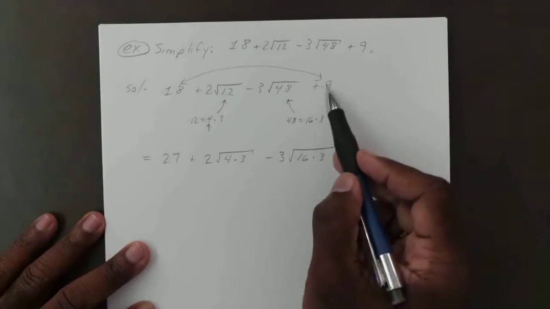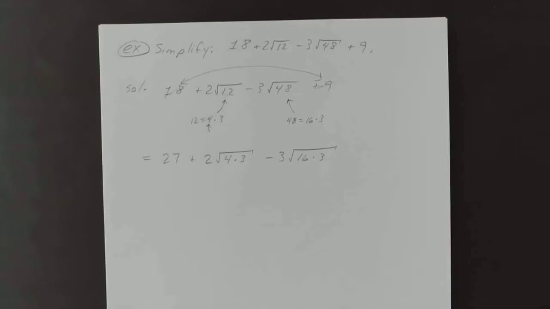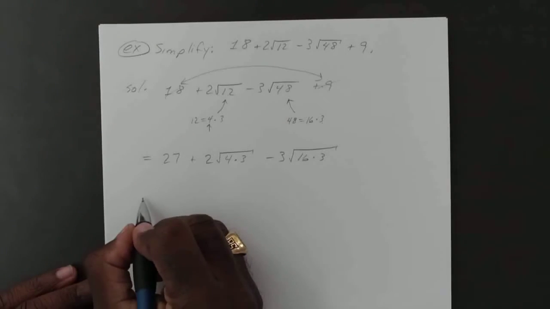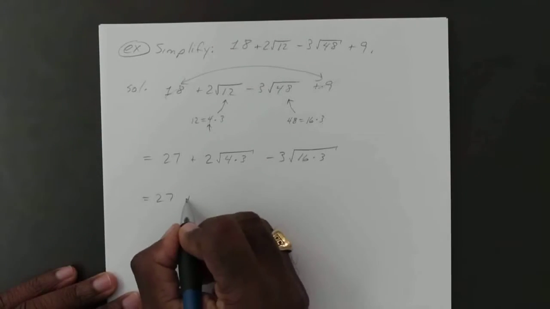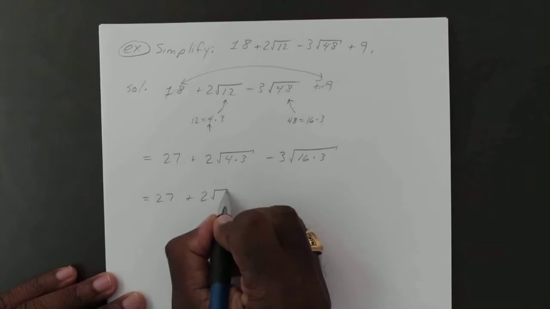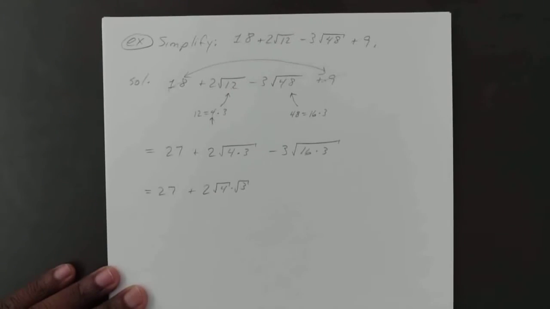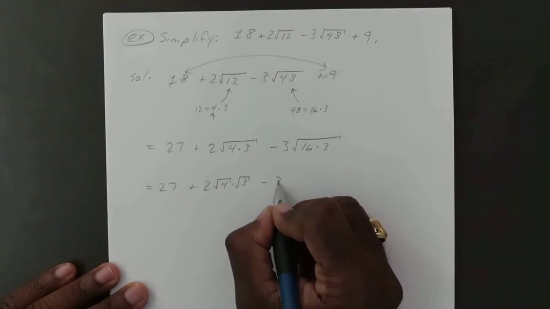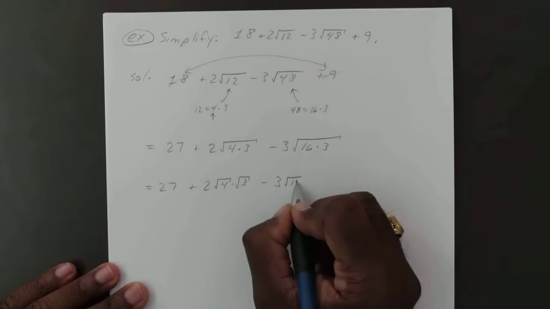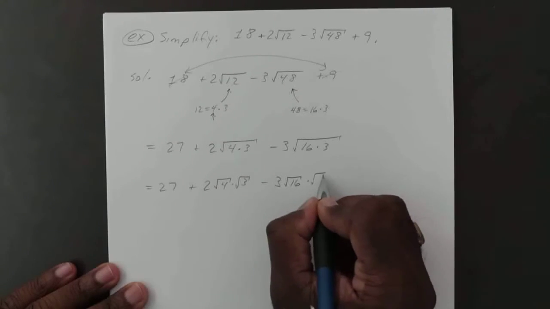And we already added those two together, so we don't need the 18 and 9 up there anymore. Okay, and just like we did before, whenever you're multiplying two factors underneath a square root sign, you can just separate them. So you have 27 plus 2 times square root of 4 times square root of 3, minus 3 times square root of 16 times square root of 3.